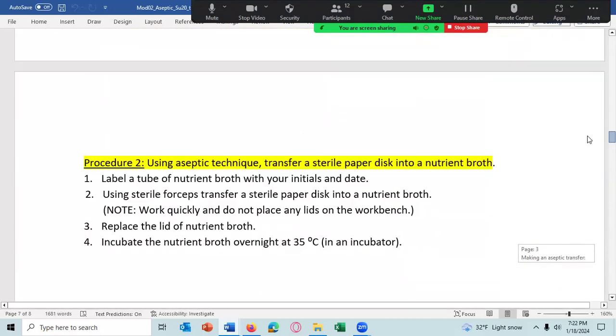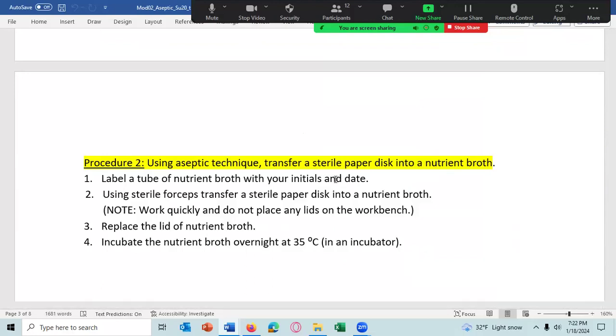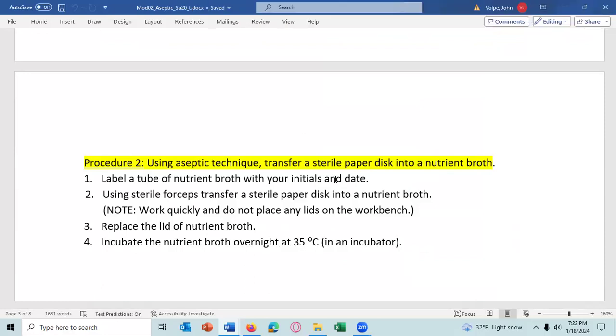In procedure 2, you're using aseptic transfer technique to transfer a sterile paper disc into a nutrient broth. How you do that is we have a paper disc in a petri dish, which has been autoclaved, so the paper is sterile.